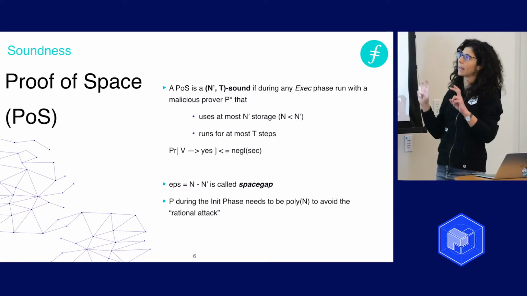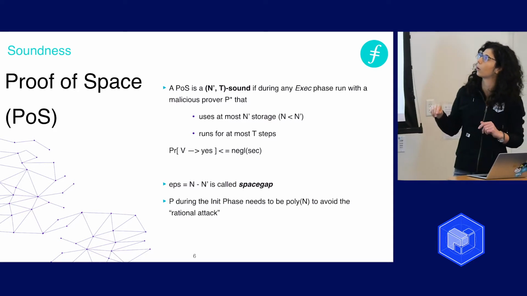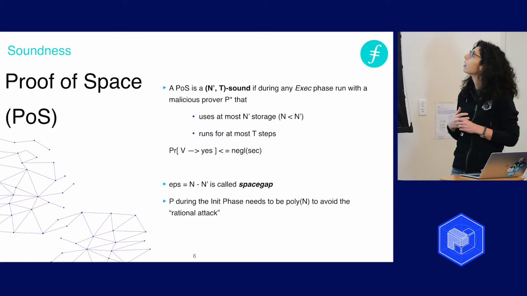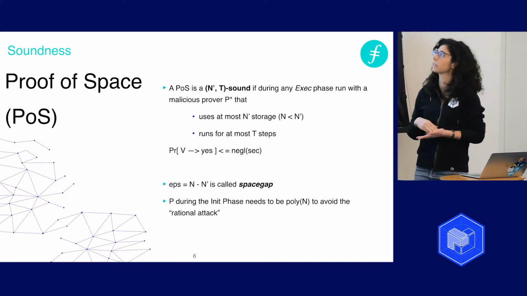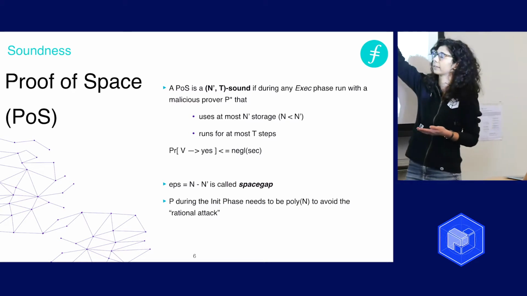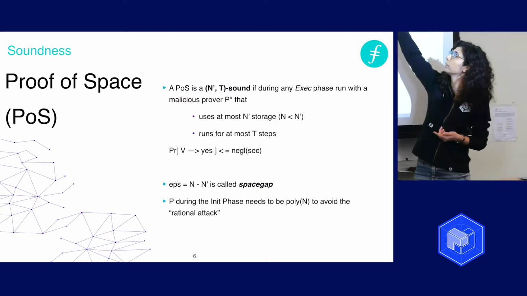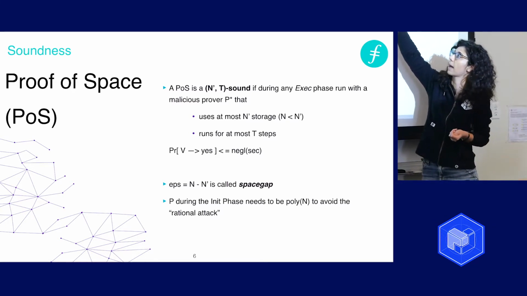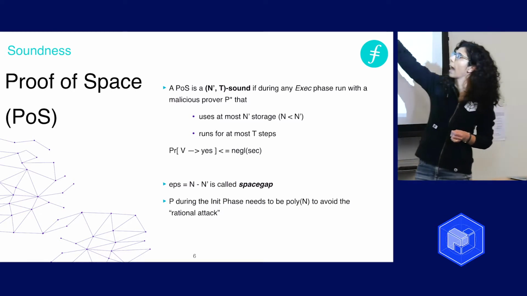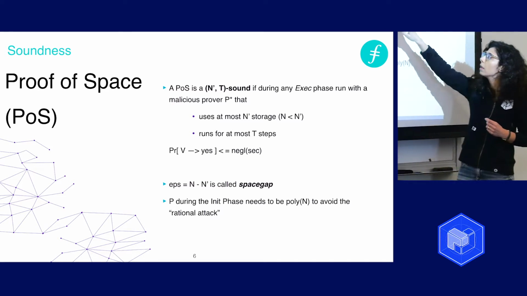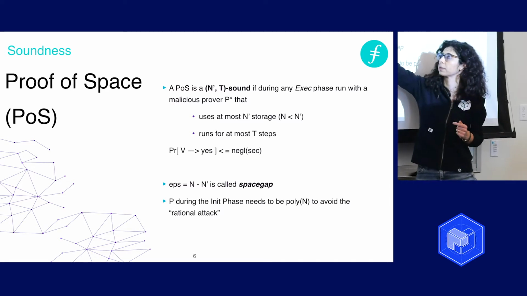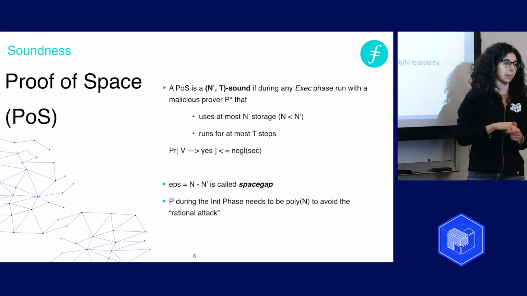To formalize the security proof, we speak about soundness, which says that if in the execution phase a prover is bounded to using at most n prime storage, and its running time is also bounded, then the verifier is going to say yes with only negligible probability.